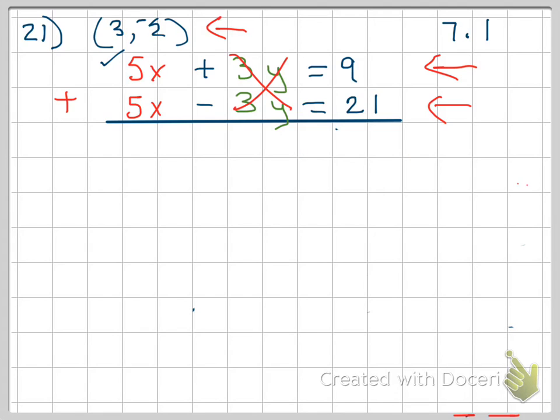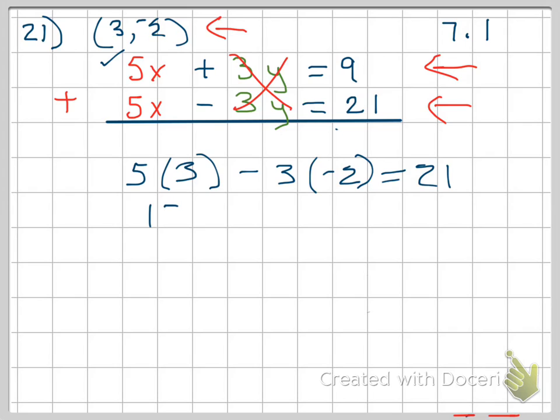But just to be sure and to be thorough, let's check the second equation. So we start off with 5 again. 5 times x, x is 3, minus 3 times y, y is -2, is equal to 21. Okay? We know 5 times 3 is 15. Now, when you multiply two negatives together, you always get a positive.